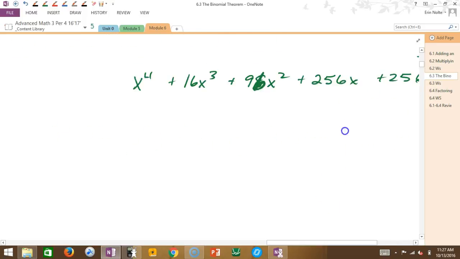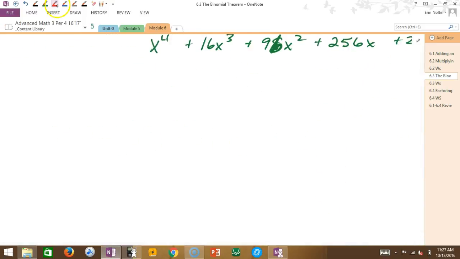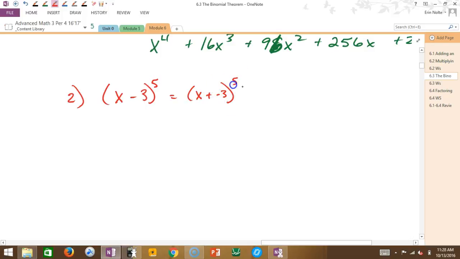Let's say number 2, we're going to do x minus 3 to the 5th power. Let's get super crazy here. Right away, would you guys agree that this would be the same as x plus negative 3 to the 5th power? That's the same thing, right?